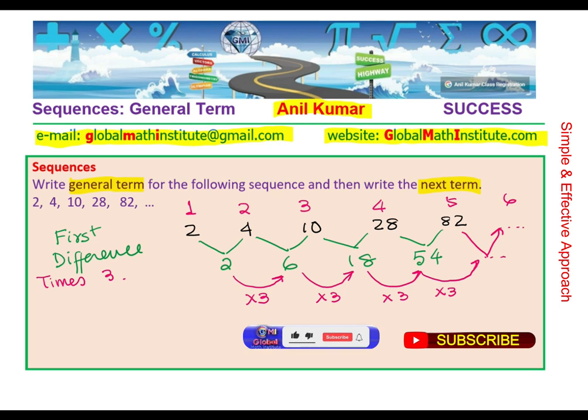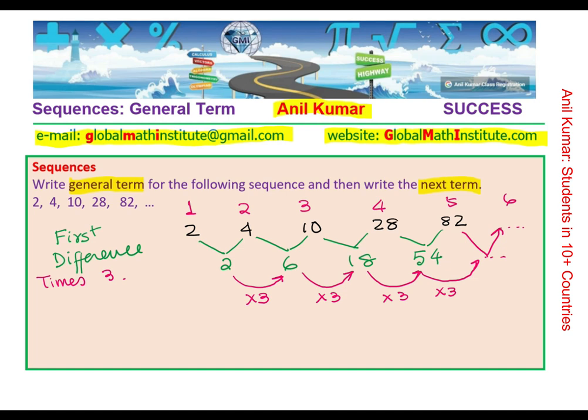But now the idea is to find the general term. So the general term is related with powers of 3. Correct. So let's write down the powers of 3 and then find what it could be.